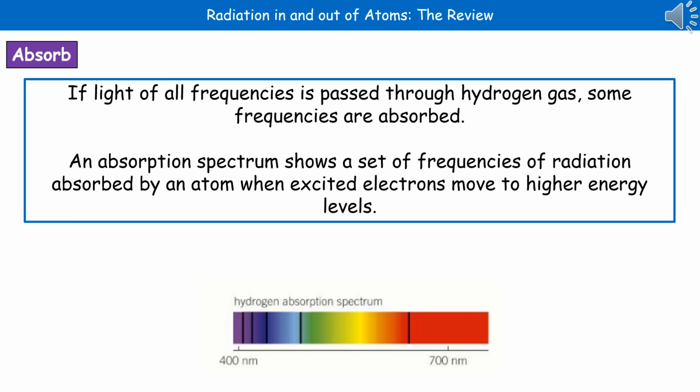You get those black bands or black lines that are the frequencies that have been absorbed by the atoms present. When they absorb those photons, the excited electrons move to the higher energy level, and we end up with these gaps in the spectrum. We can use those bands to identify what gases are present.